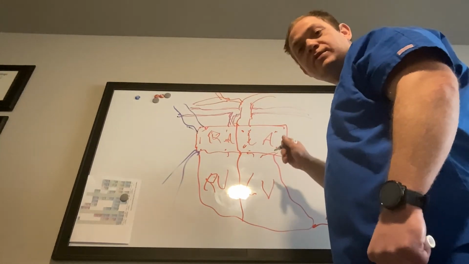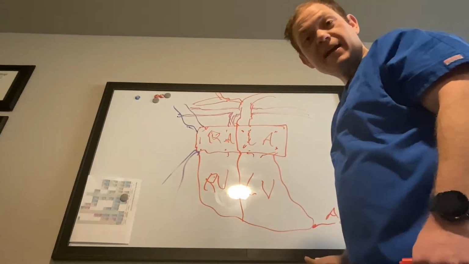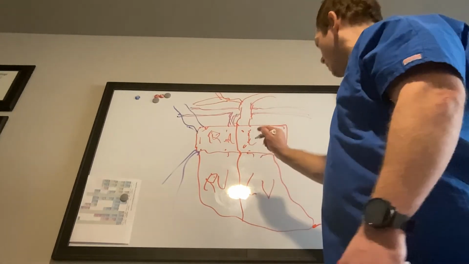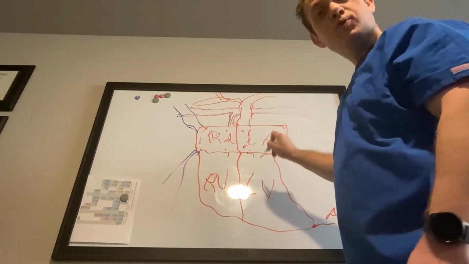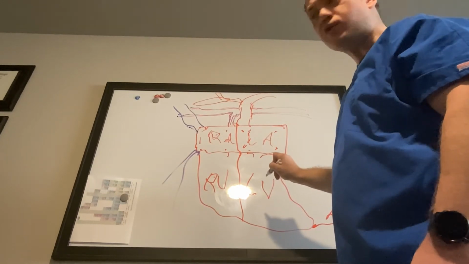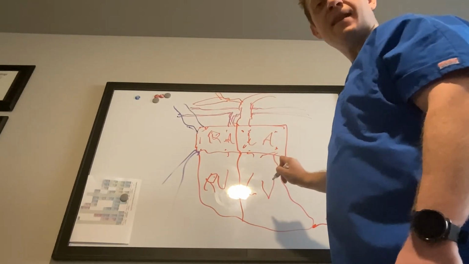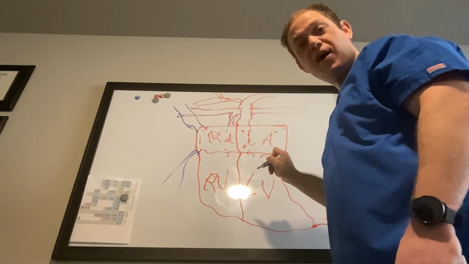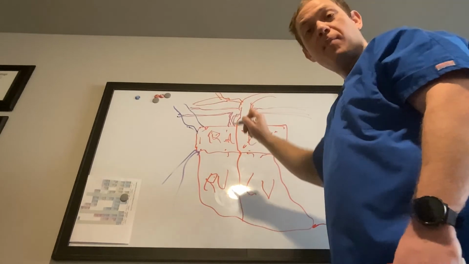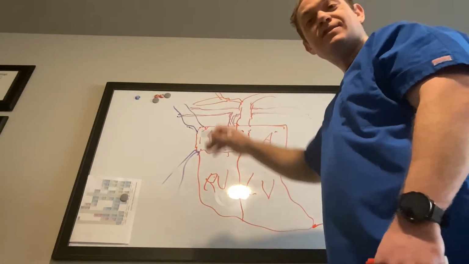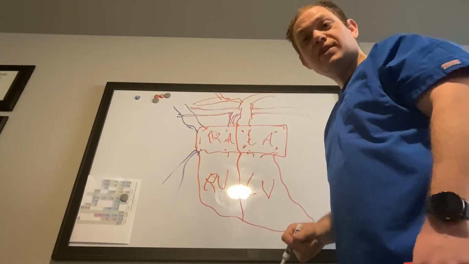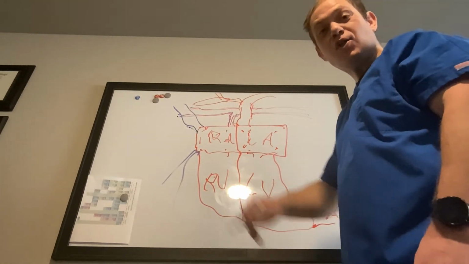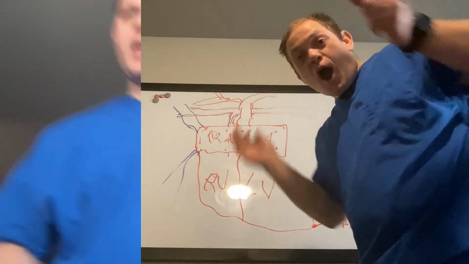Then it goes through the bicuspid valve or mitral valve here into the left ventricle, and then out through the aortic semilunar valve toward the body and goes to the tissues and starts the process all over again.